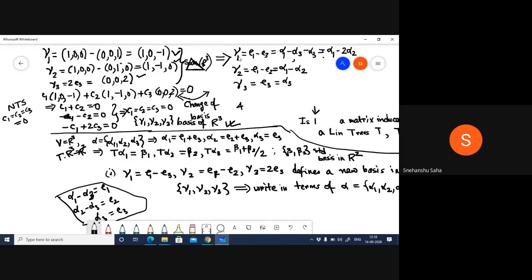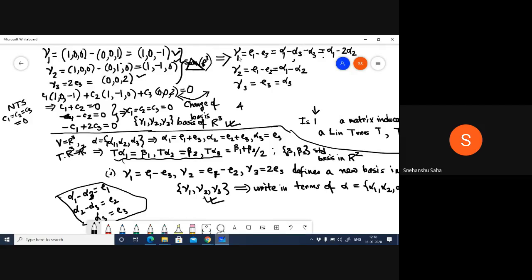Now, remember the expression, the way these transformations are defined between alpha 1, alpha 2, alpha 3, and beta 1 and beta 2. We wrote gamma 1, gamma 2, gamma 3 in terms of alpha 1, alpha 2, alpha 3.